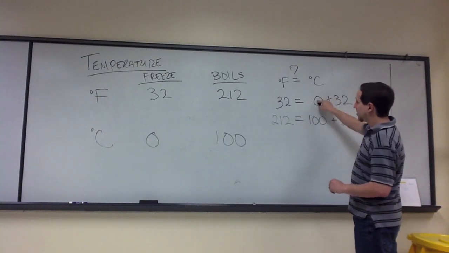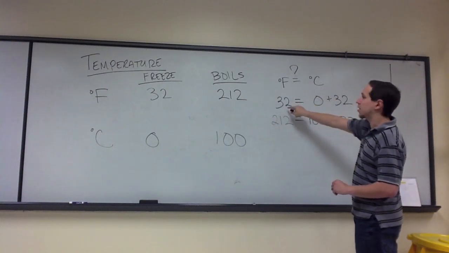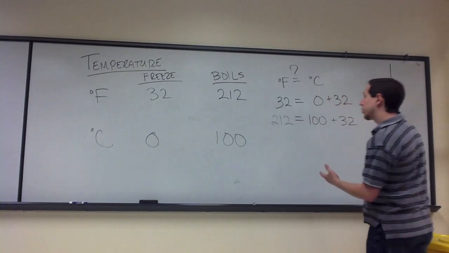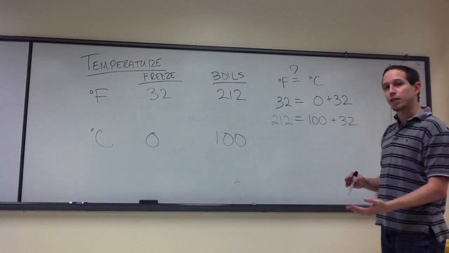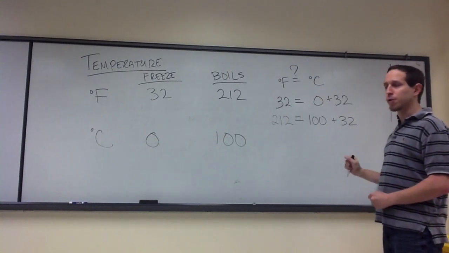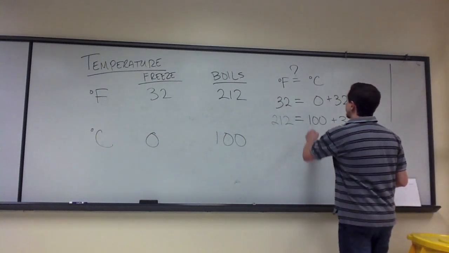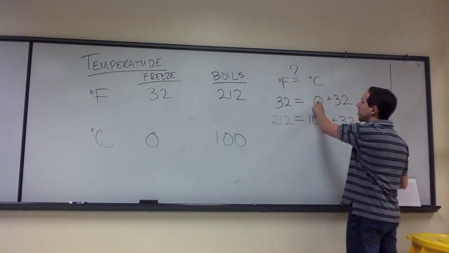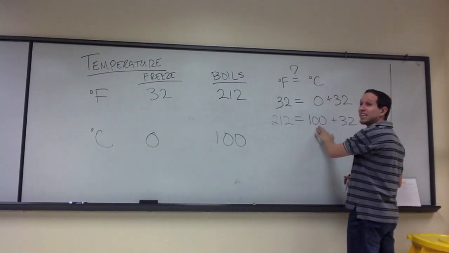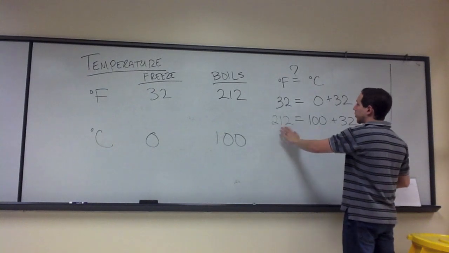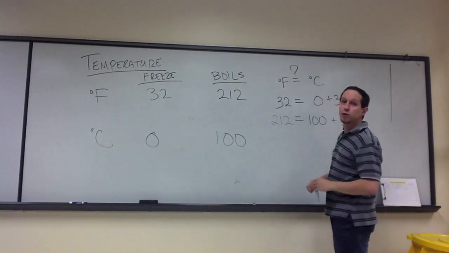And then if I add 33 to 0, it's going to give me 33 degrees, not 32. So instead, if I can't add or subtract anything, maybe I can multiply. Maybe I have a coefficient in front of my degrees Celsius that will then give me the correct answer in terms of my degrees in Fahrenheit.